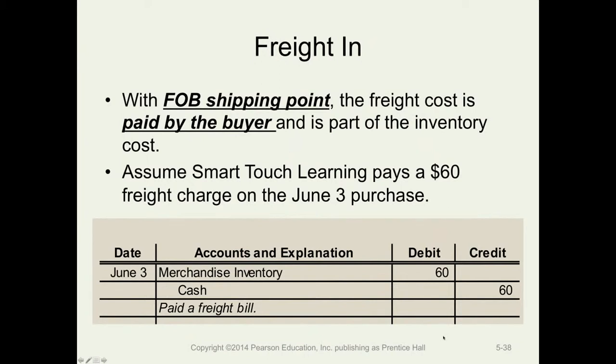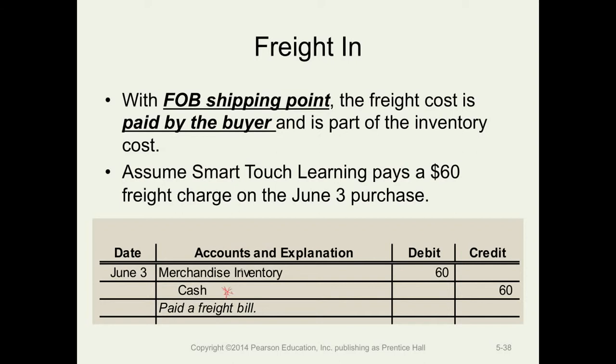So, assuming it's FOB shipping point, and assuming that the buyer pays the freight, this is freight in, it becomes part of the cost of inventory. So now we're assuming that $60 was charged for delivery, and under a perpetual system, you debit merchandise inventory and we credit cash. We debit the freight directly to the merchandise inventory account. And a very important point here is that this cash paid has nothing to do with the seller.